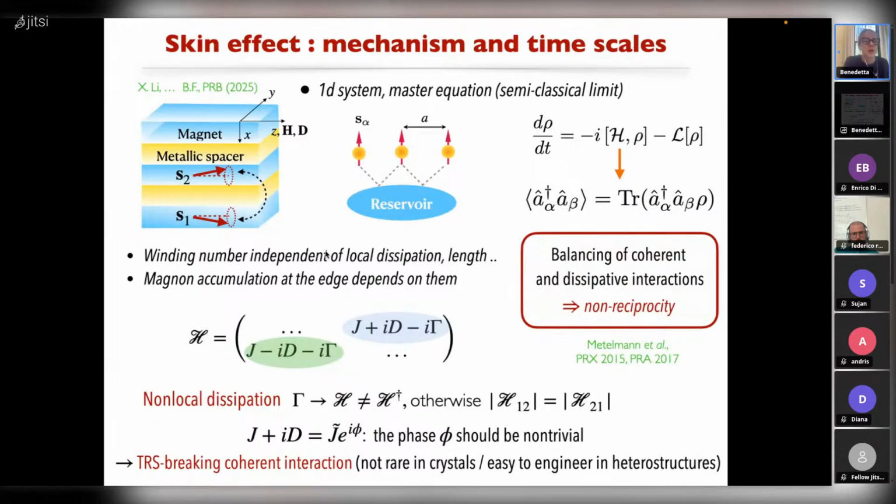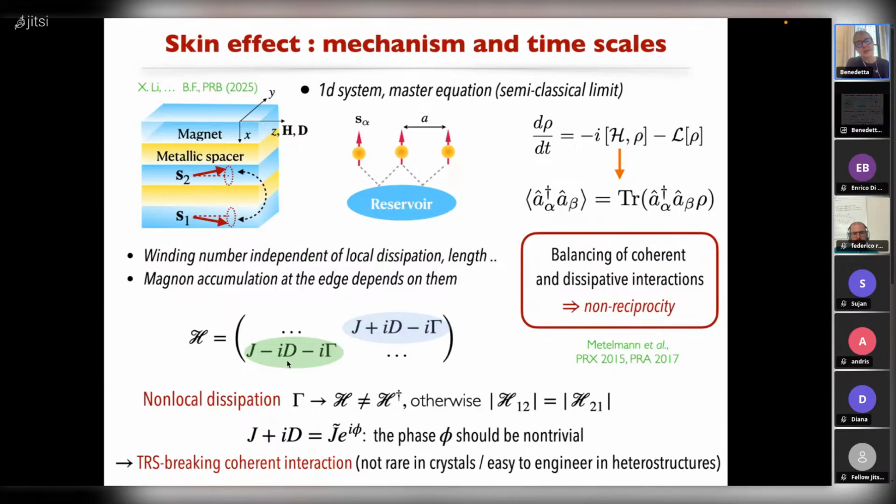To answer that question, you also have to account for local dissipation, so k-independent terms, and you also have to account for macroscopic details such as the length of the system. So while you can observe this magnon accumulation, it depends not only on the presence of DMI and local dissipation, but also on all the details of your experiment.